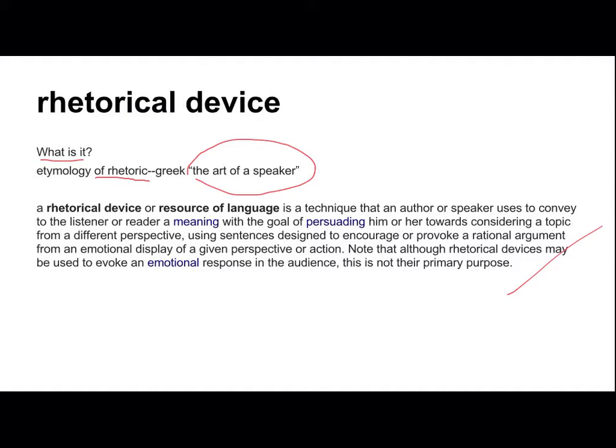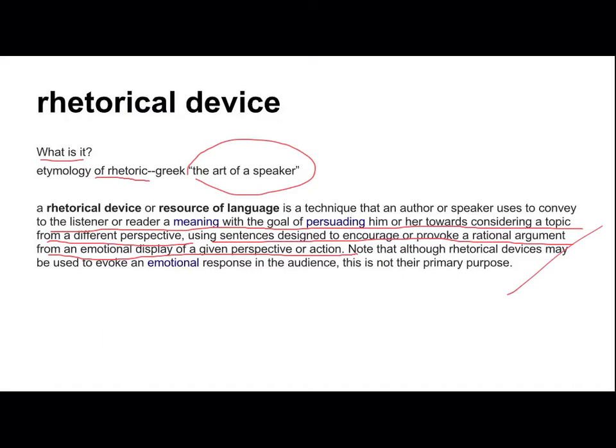Rhetorical devices is a technique that an author or speaker uses to convey to the listener or reader a meaning with the goal of persuading him or her towards considering a topic from a different perspective, using sentences designed to encourage, provoke a rational argument from an emotional display of a given perspective or action.